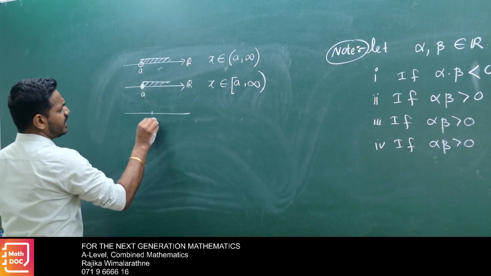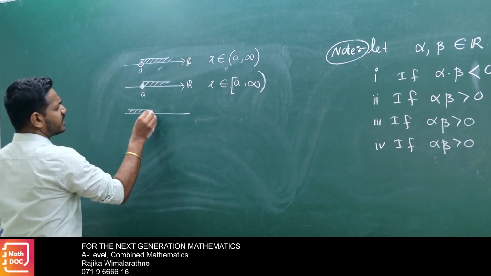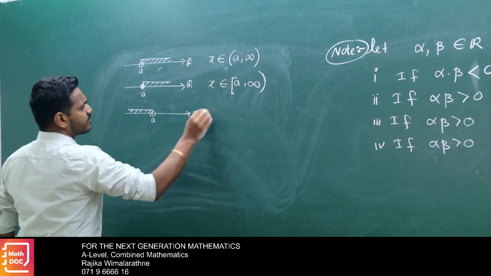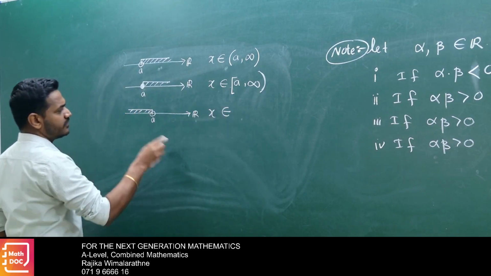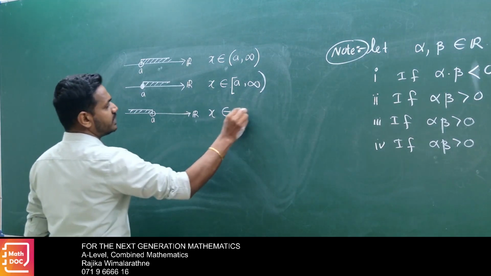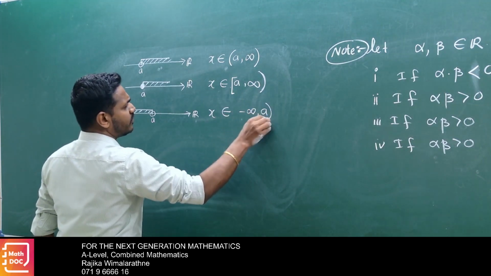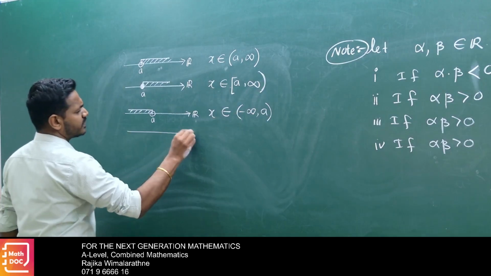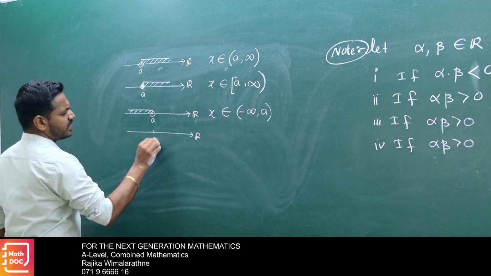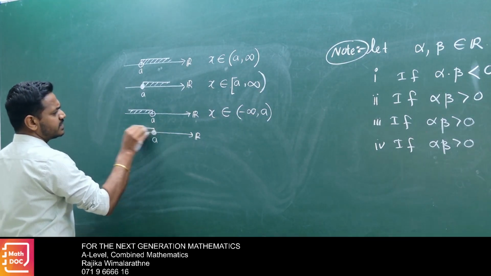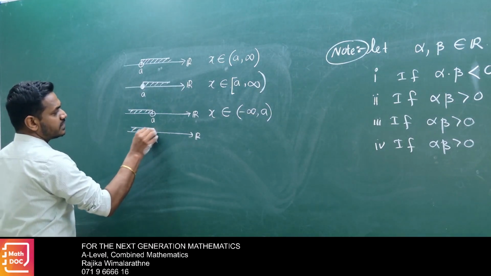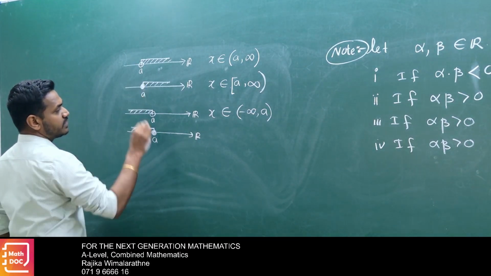Then see, X less than A. X higher value A, lower value minus infinity. Here open. Here A, when you close this, this shade means included.